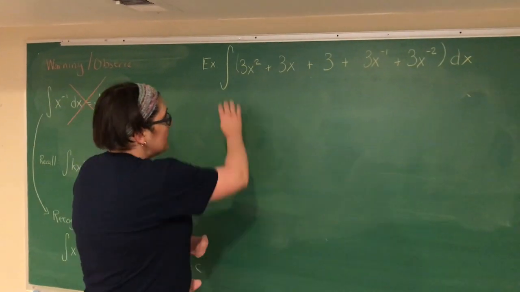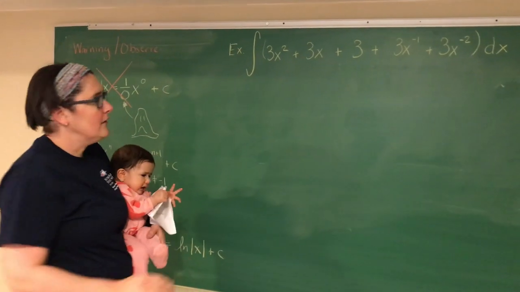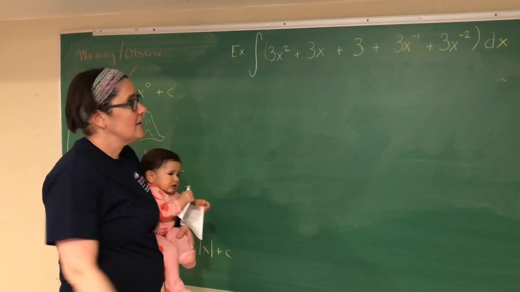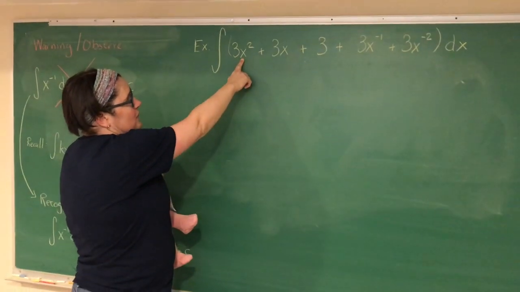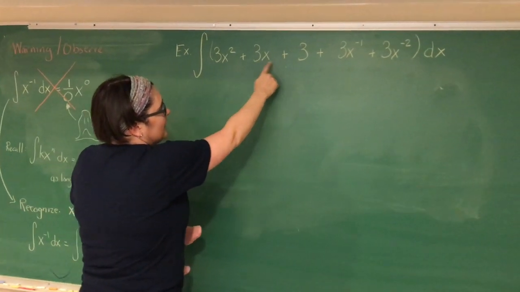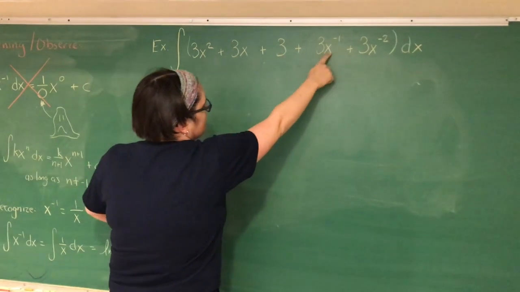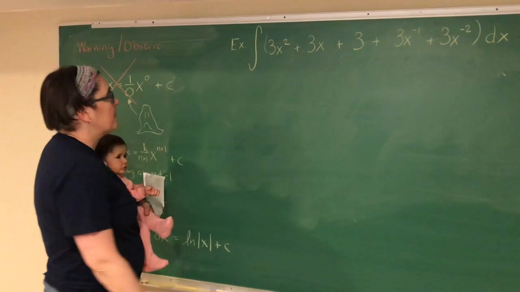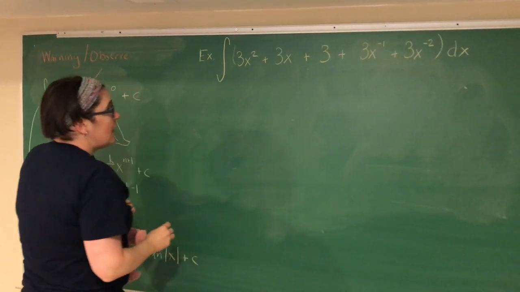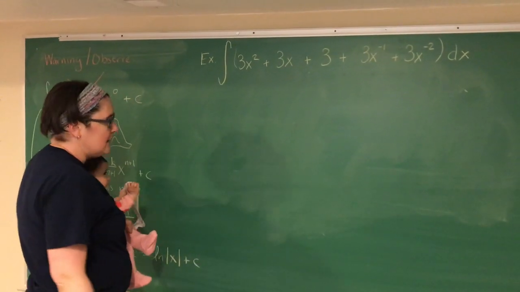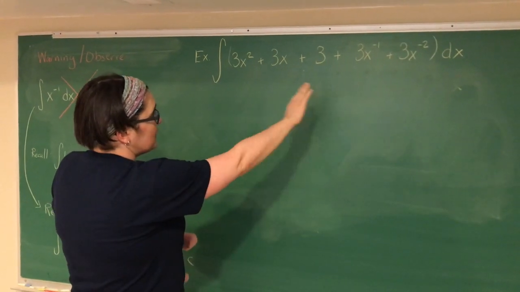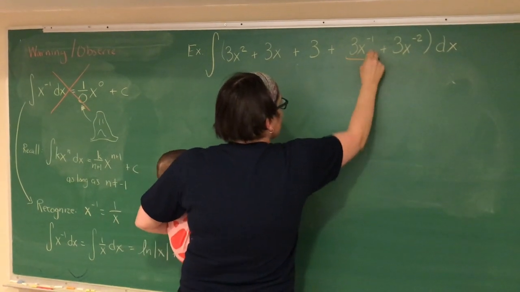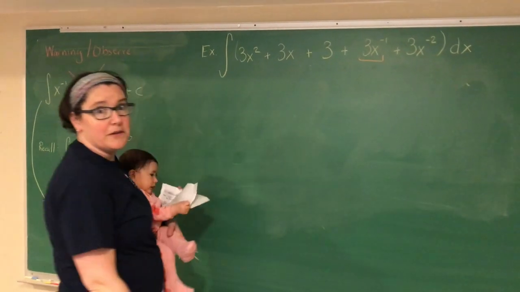Okay, so the reason that we're looking at this particular example is because I want to compare what happens when we have different powers of x. And you'll notice the powers on these: x squared, x to the 2, x to the 1, x to the 0, to the negative 1, to the negative 2. So we're looking at a whole series of different powers here. All right, now before I go and write down any of these antiderivatives, the one special case that I want to highlight is this 3x to the negative 1.